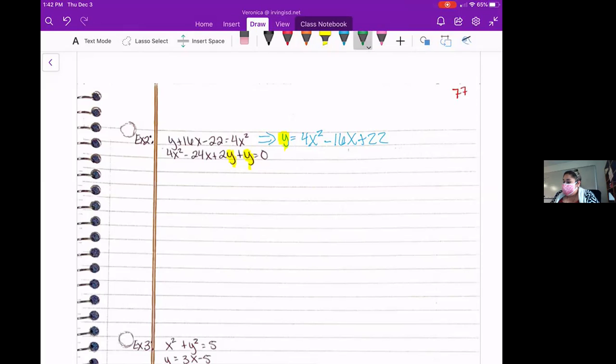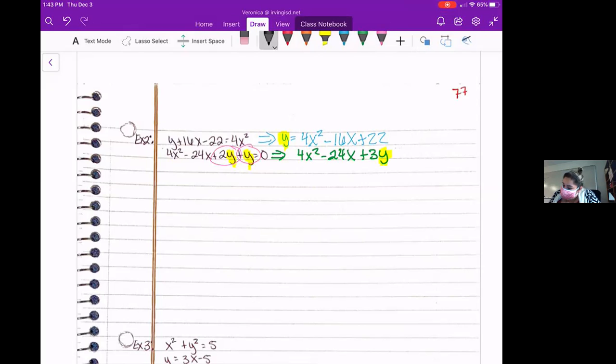So I'm going to simplify this first so that I only have to plug that in 1 time, right? I know that I can combine like terms here. So this is going to end up being 4x squared minus 24x plus 3y. So now I can just substitute that in one time.